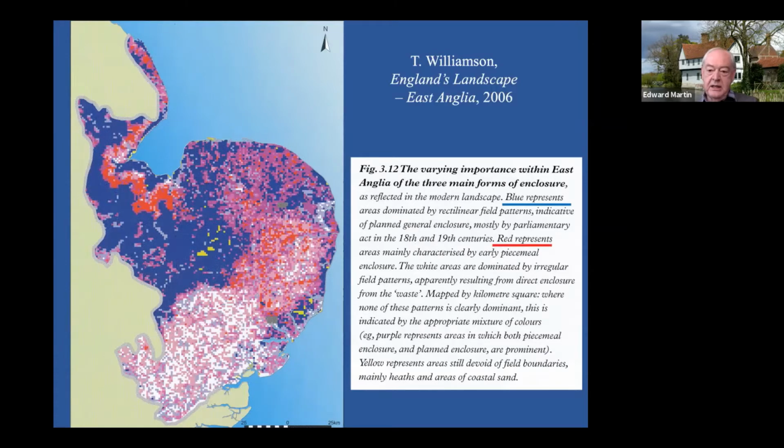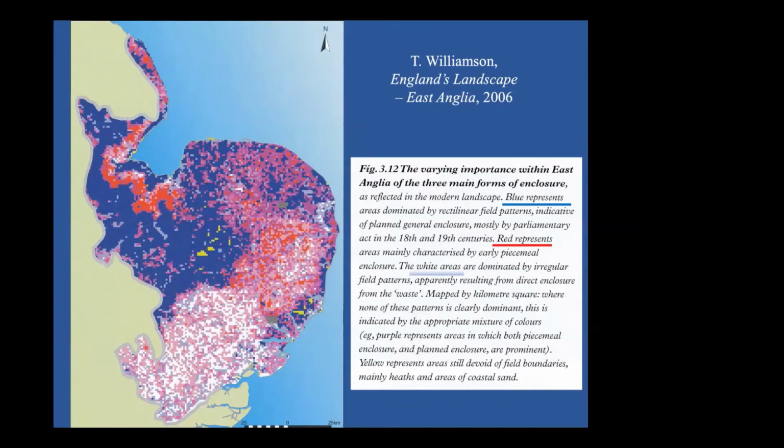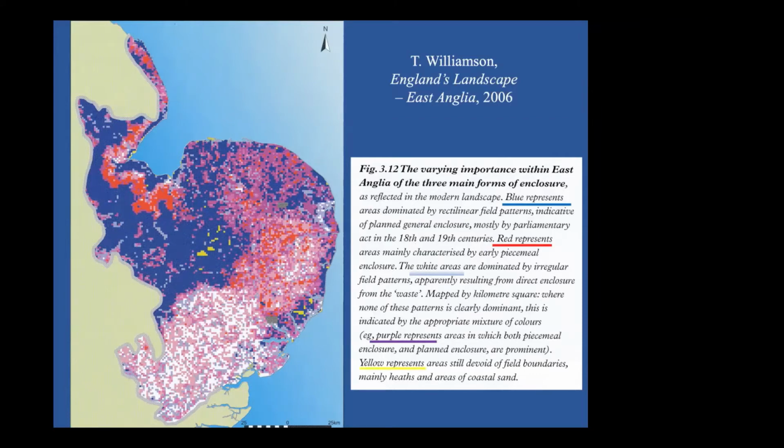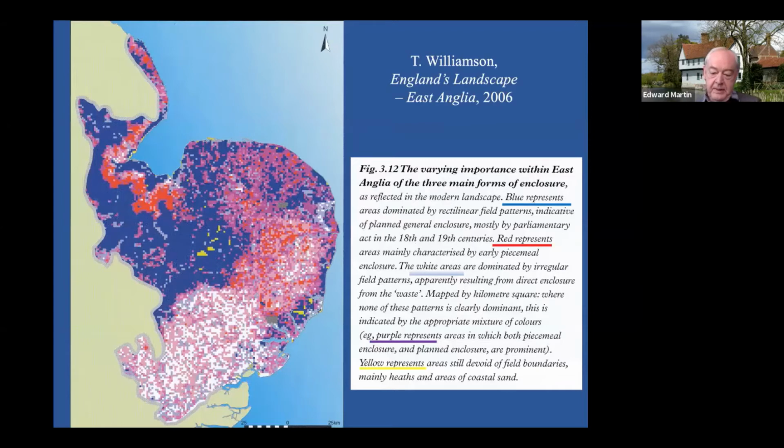You have red, which is early enclosure, you could call ancient enclosure. There's white, which is very similar, really, direct enclosure from a wasteland, but giving us similar patterns. Purple means that you've got both, you can't decide what's really going on. And yellow, it hasn't got any boundaries anyway. So that's the open heath areas.